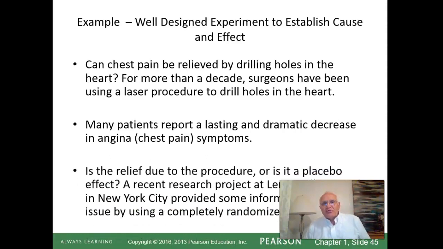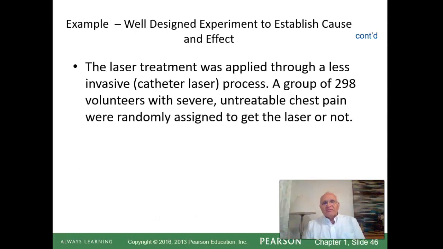So the researchers started to wonder, is that because it's due to the procedure itself, or is it some kind of placebo effect? So they did a research project at Lenox Hill Hospital in New York City to try to study this particular issue. What they did in this study, they took a laser treatment, and it was applied using a fairly non-invasive procedure, and a group of 288 volunteers that had fairly severe pain were randomly assigned to get the laser or not.